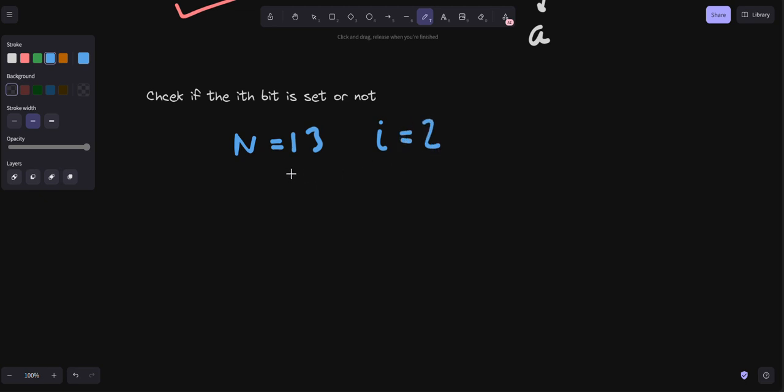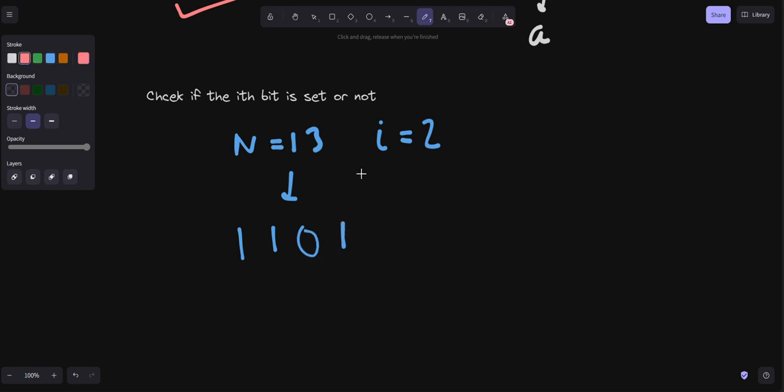I need to check. First, how do you write 13? Sorry, this is not how we write it. 13 is 1101.